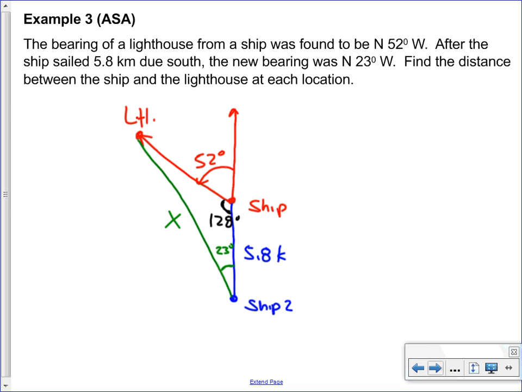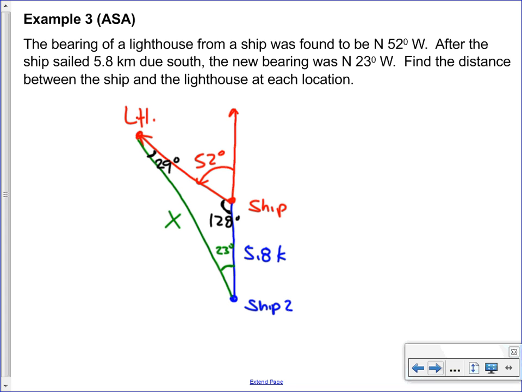Why? You're so smart. What else can you find? The third angle, which is 29 degrees.